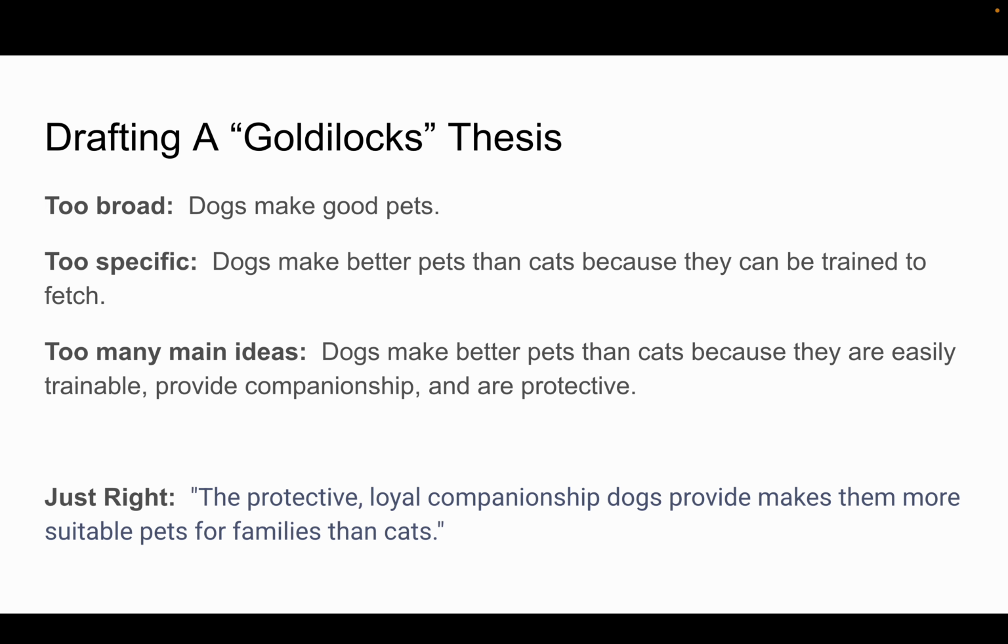So hopefully you can see here, this is more specific, has a more clear reasoning, but it is centered around one unified main idea. I'm going to focus only on their protective, loyal companionship. That does still allow me to have several main points. There are several ways I could talk about protectivity and loyalty and companionship, even within that thesis.